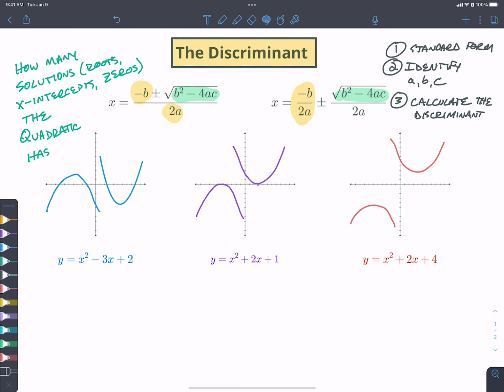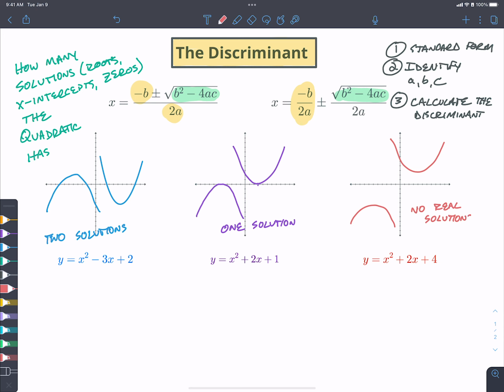So all of these are different variations of 2 solutions, 1 solution, and no real solutions.